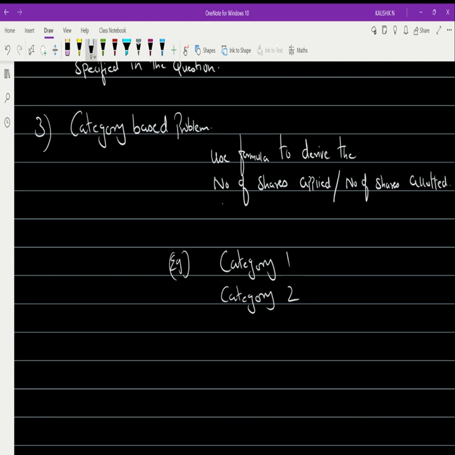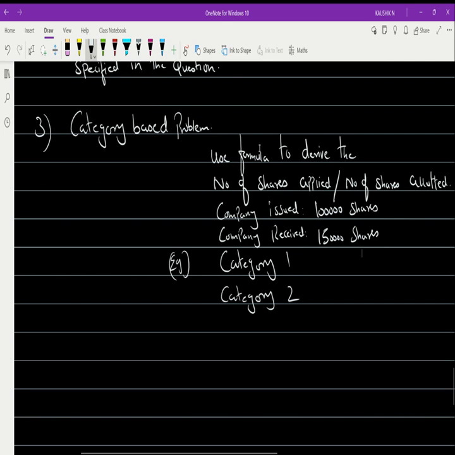The company issued 1 lakh shares, but the company received 1 lakh 50,000 shares applications.